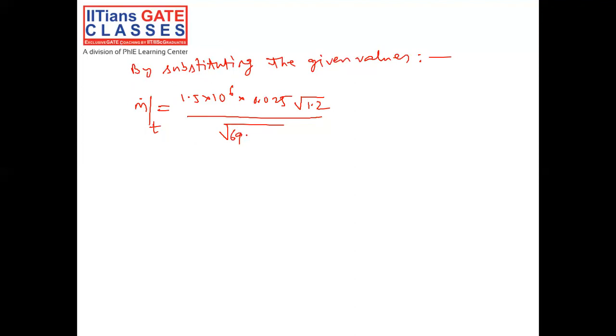R is 692.83 multiplied by T naught, which is 2500, and M is 1, so this becomes 1 by ((gamma plus 1) by 2) to the power (gamma plus 1) by 2(gamma minus 1), right?